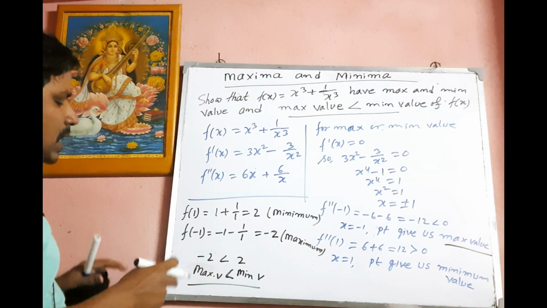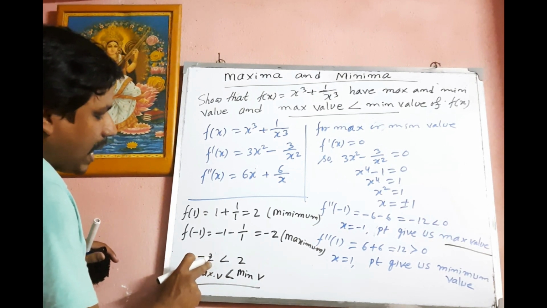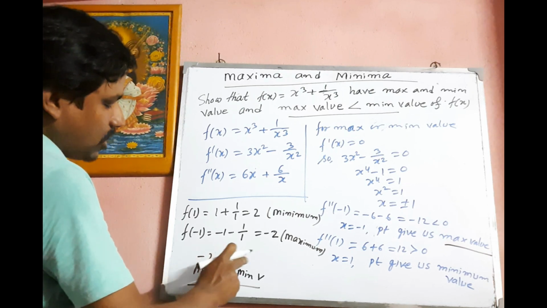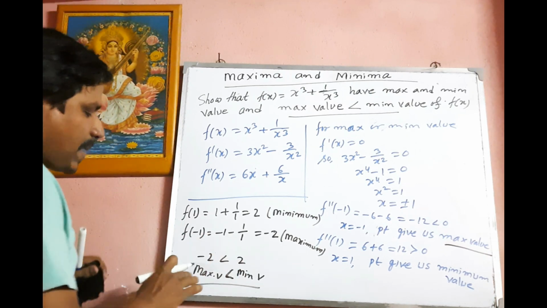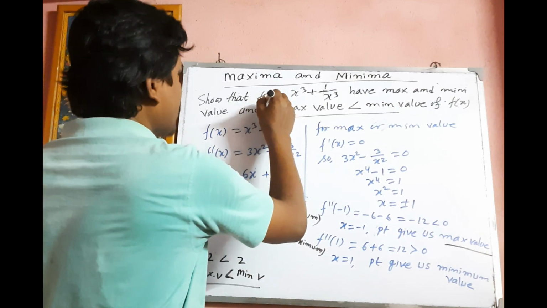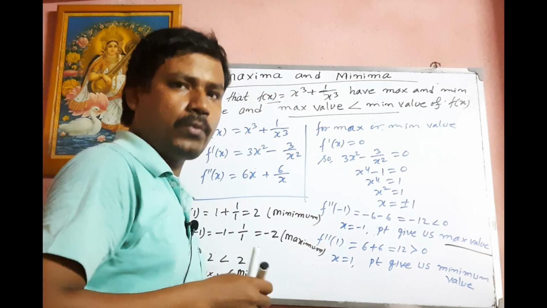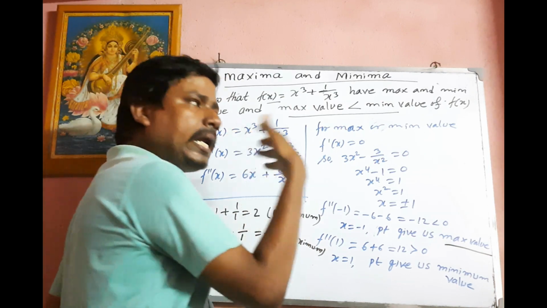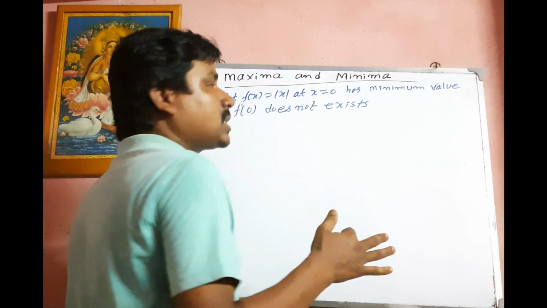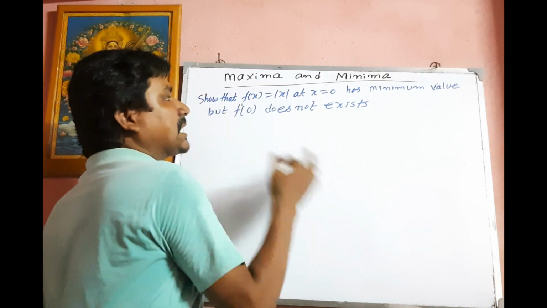So we can say the maximum value minus 2 is always less than the minimum value 2. That is, the maximum value is lesser than the minimum value of the given function y is equal to f of x. Now we move to the next example, the second and last example of the day.